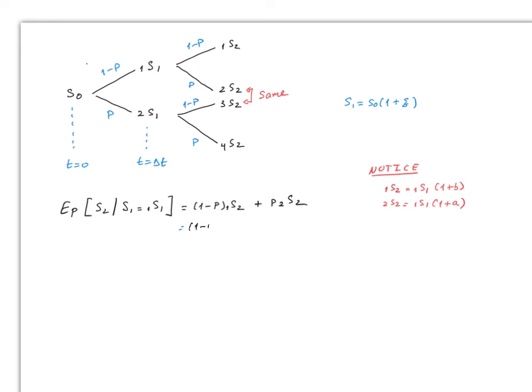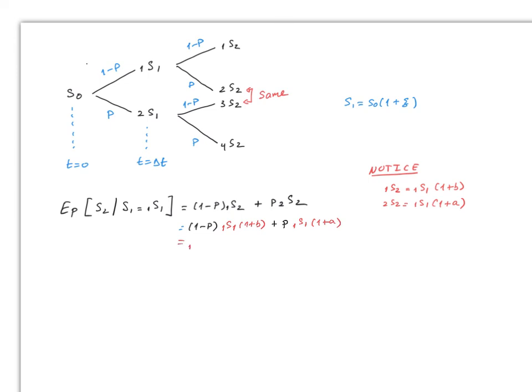This is 1 minus p times 1S2, which is this value right here. So that will be 1S1 times 1 plus b, and then plus p times 2S2, which is equal to 1S1 times 1 plus a.